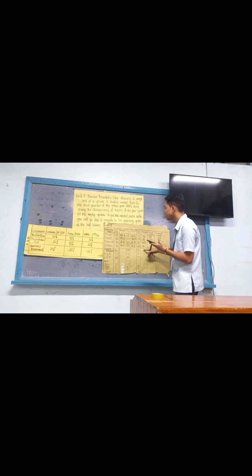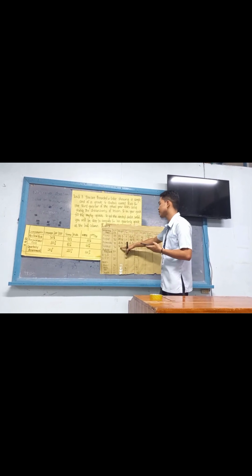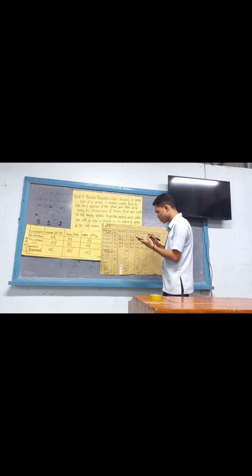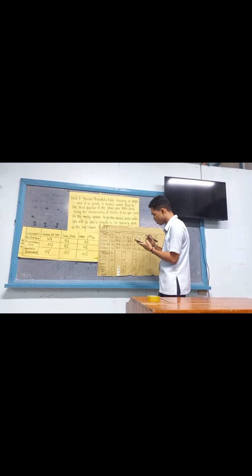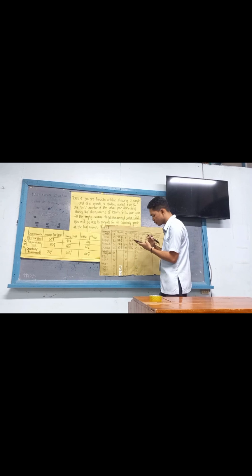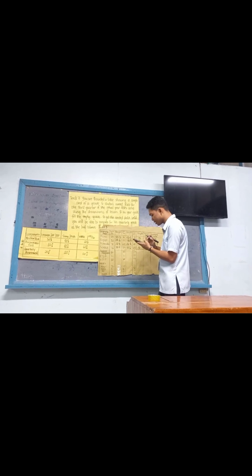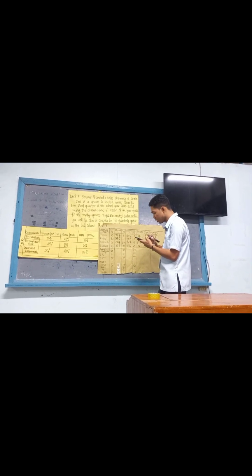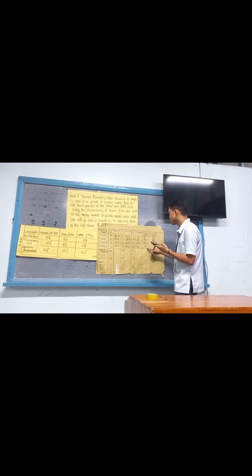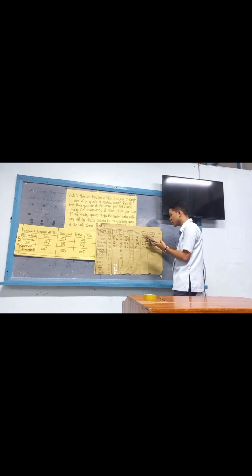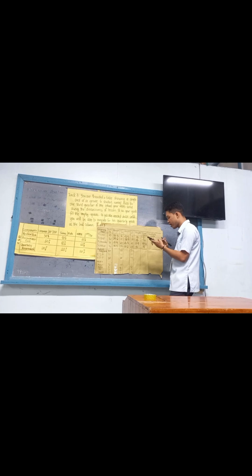So let's add all the weighted scores in the science subject. So 30.4 plus 31.6 plus 13 is equals to 75 in the initial grade. So the initial grade of science subject is 75.